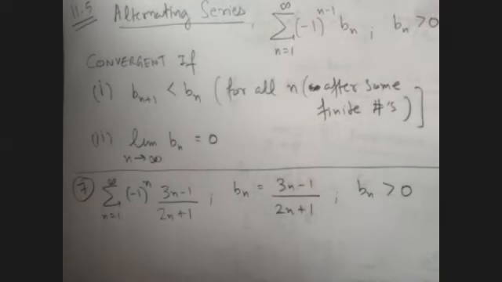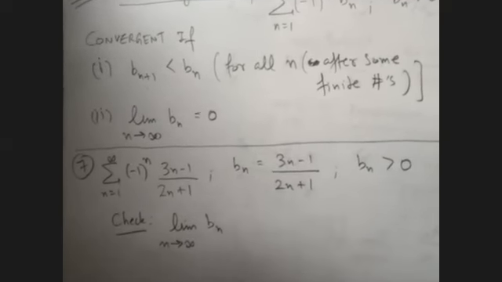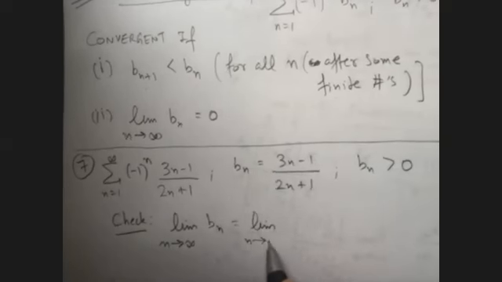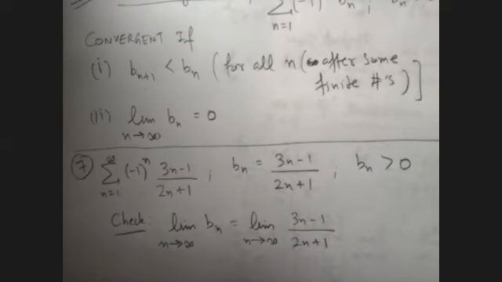So for example, if we first check the limit, this limit. You can either use L'Hopital rule or you can factor out n.